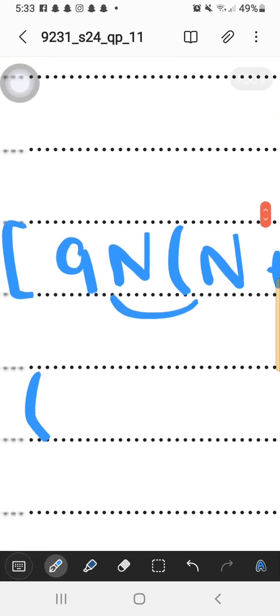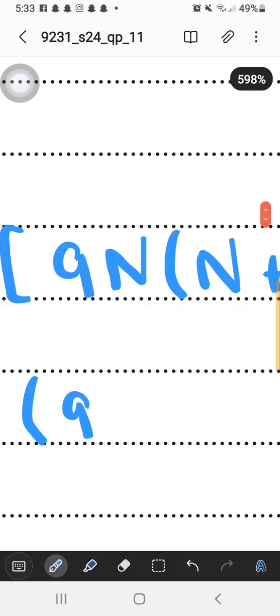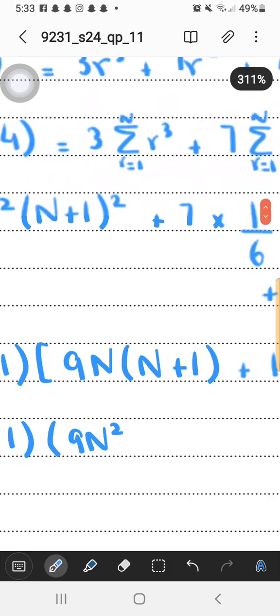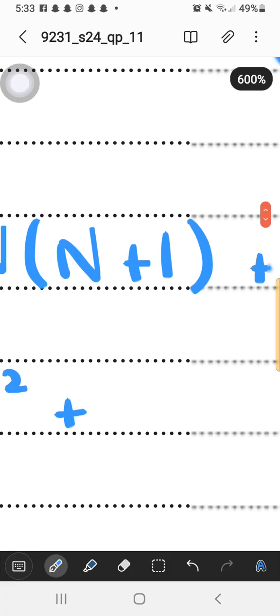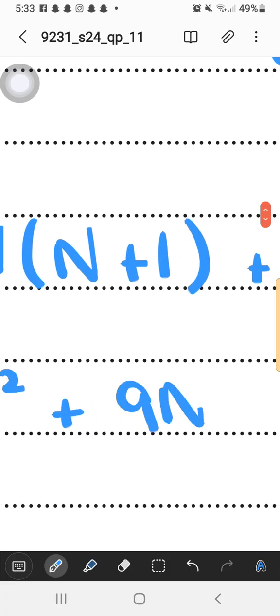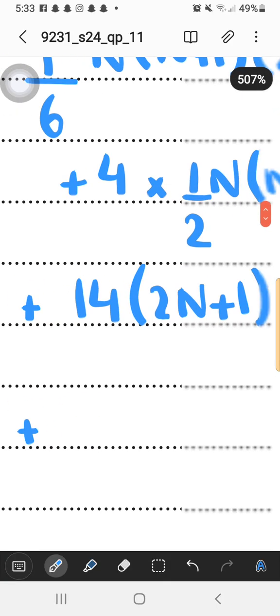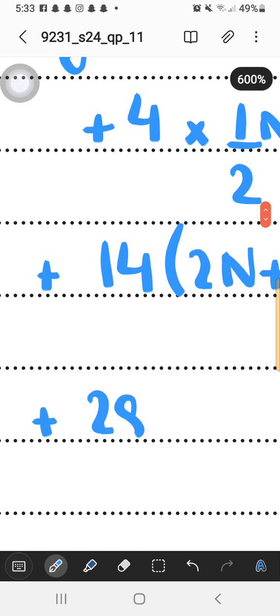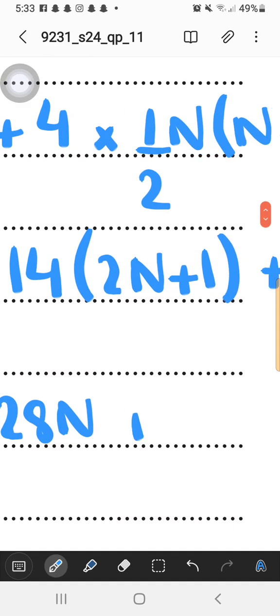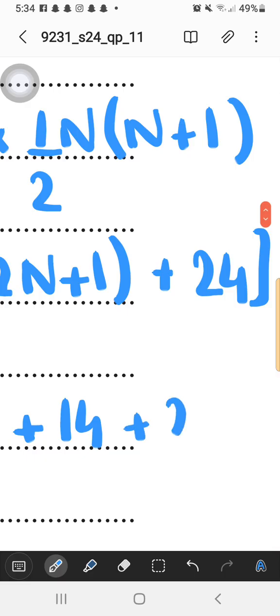So this becomes 9n square. The 9n multiplied by 1, 9n, plus 14 multiplied by 2n, 28n. 14 multiplied by 1 is 14, and plus 24 is already there.